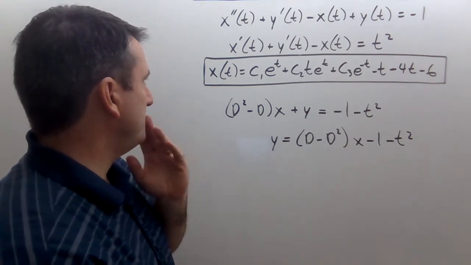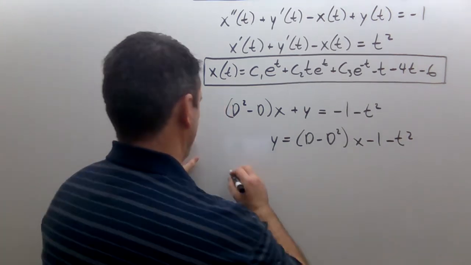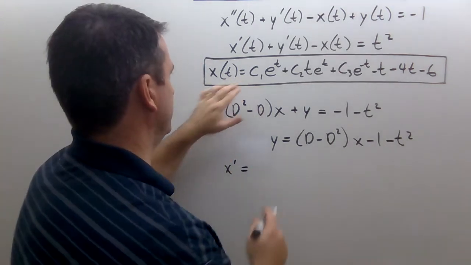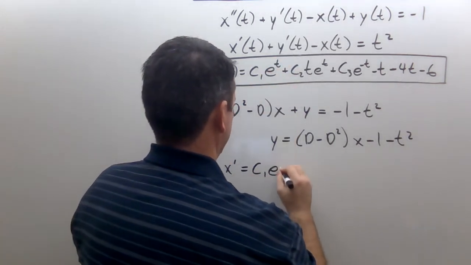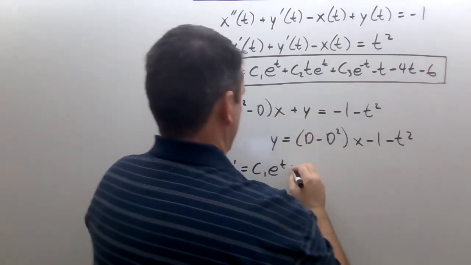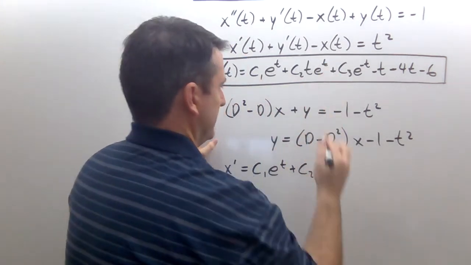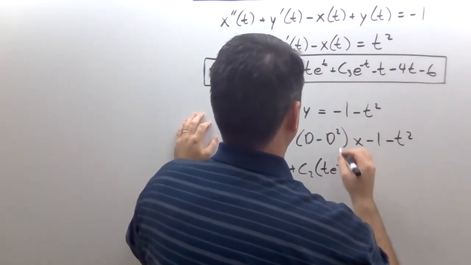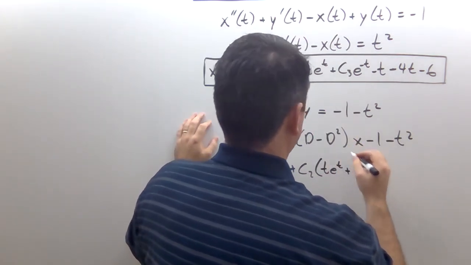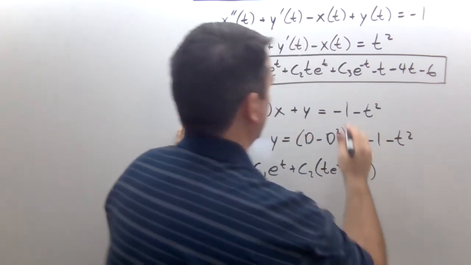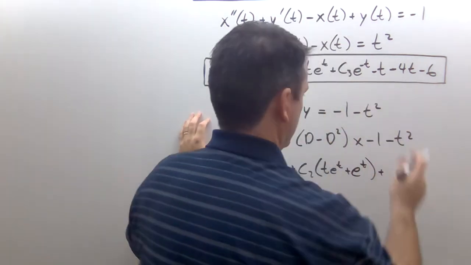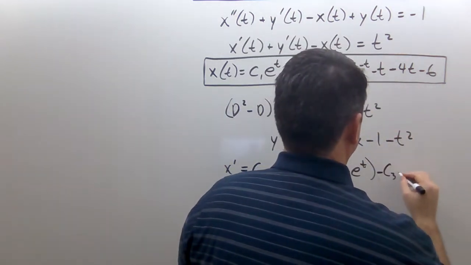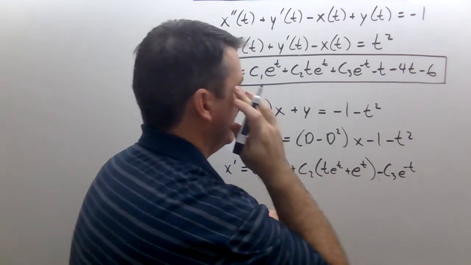So let's find the derivative of x. So x prime is going to be equal to, well, this isn't going to change, c1 e to the t plus c2 times, we need to use the chain rule here, it's going to be t e to the t plus just e to the t, minus c3 e to the negative t.